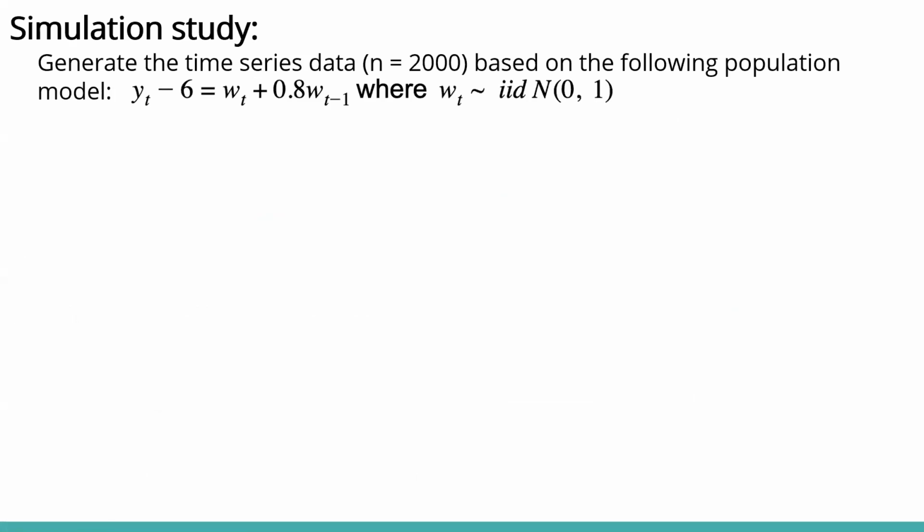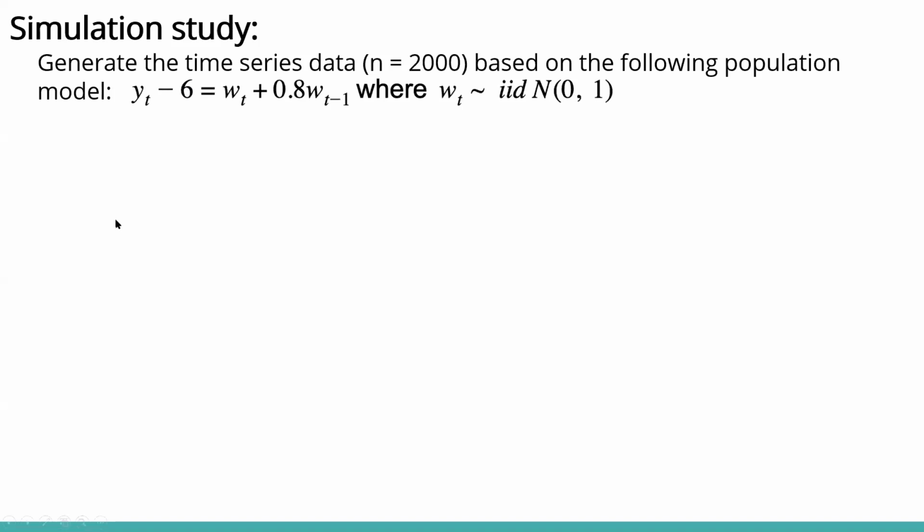Do you know we can also simulate from the MA model? So you have an MA model giving us this. This is the mean, this is the parameter. So this is a population model right now. Please know the way the population model is given and the way the fitted model is given.